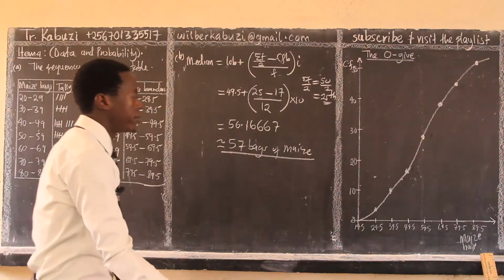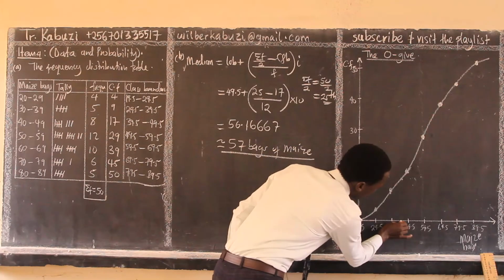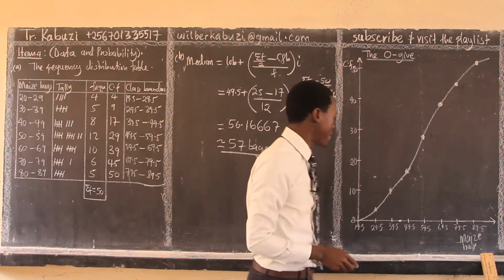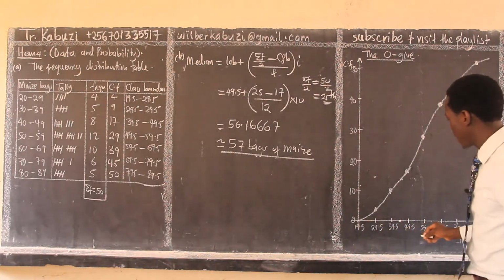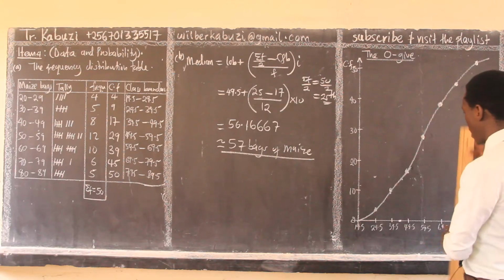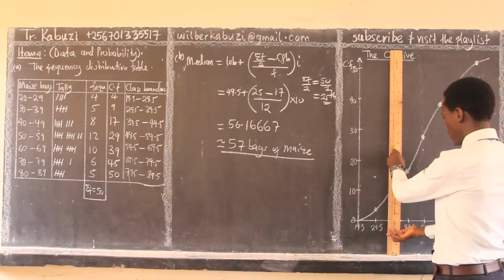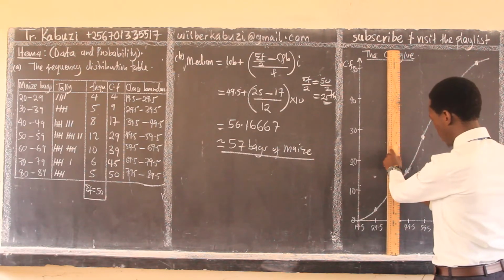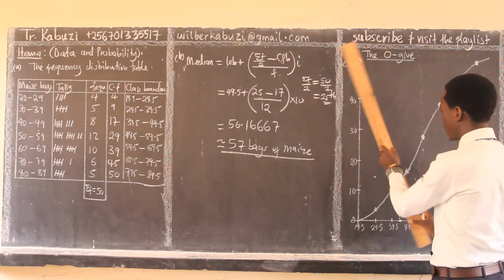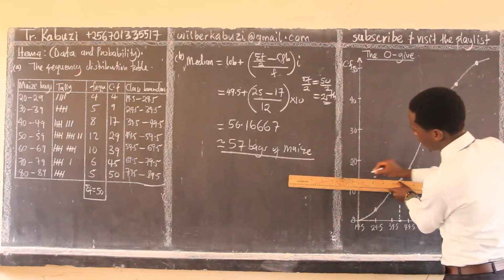Now from there we come to where our 44.5 is. Our 44.5 is around there. Remember, I used the scale of 10 there. So now I come and I trace it here. So 44.5, then I move up here, put my ruler there, and I look for what I should be having here. Then from there, I come and look for it here.